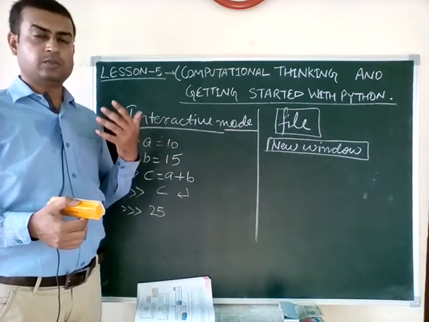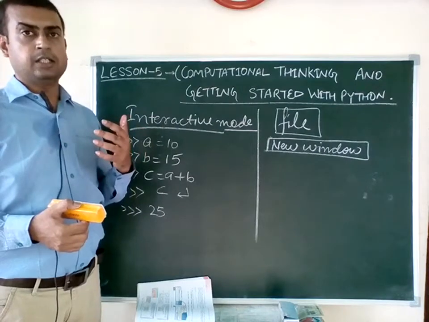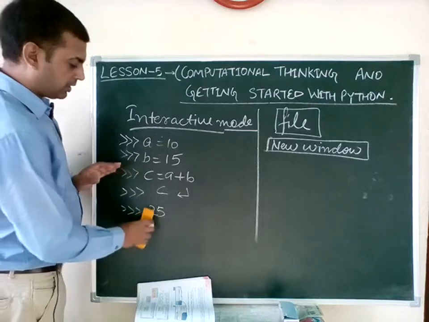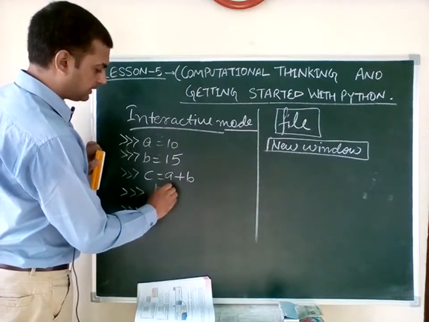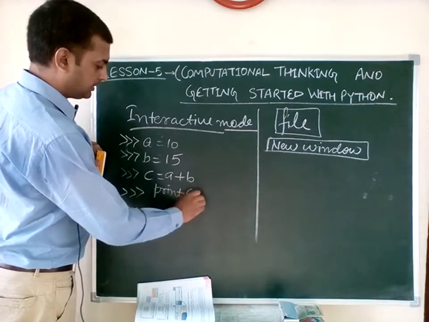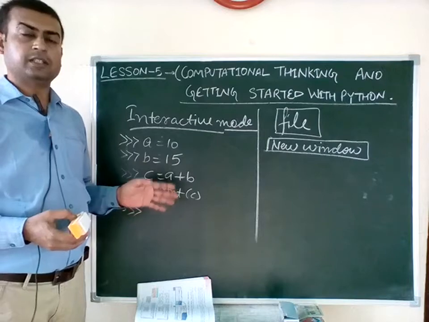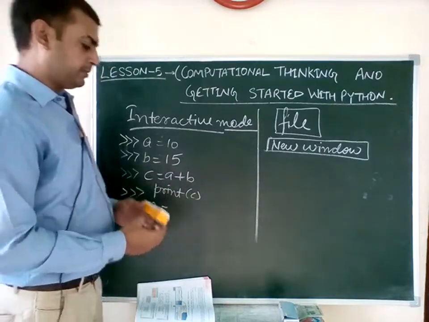If you directly want to print the answer, it will not be shown on the screen, so the print function is required. You can use print here also. For example, if I write print c, then whatever the value of c is will be shown to you. So 25 will be shown to you.